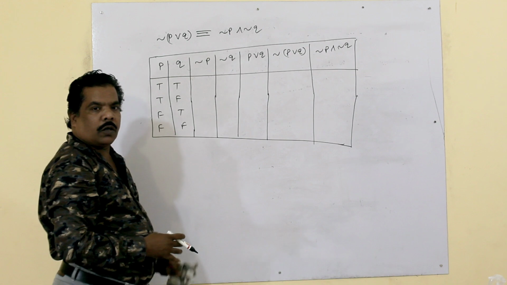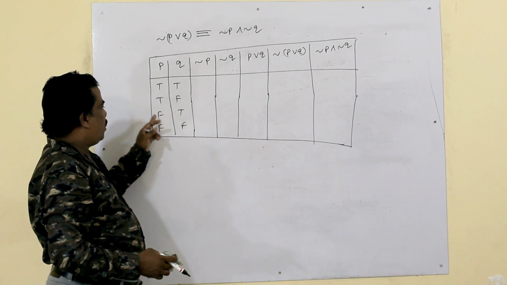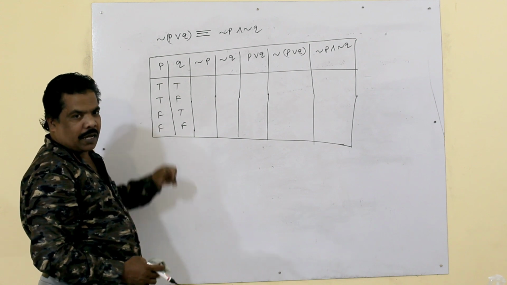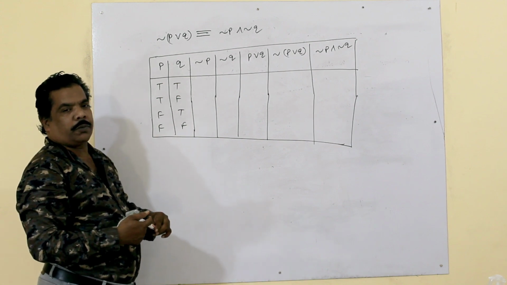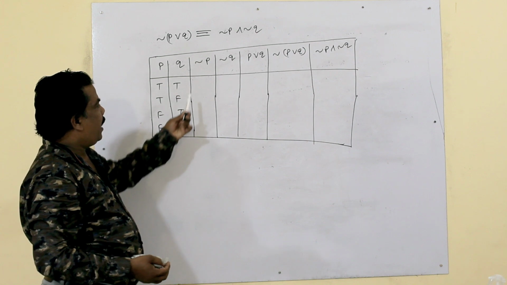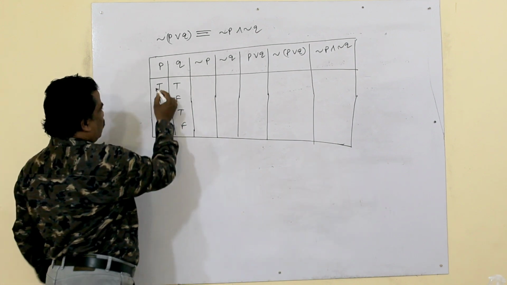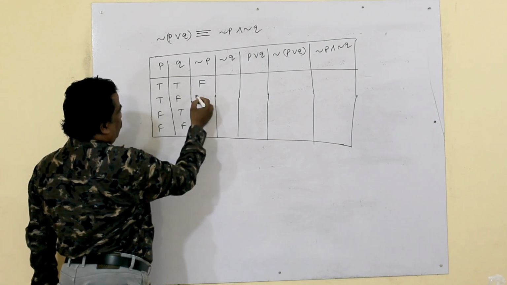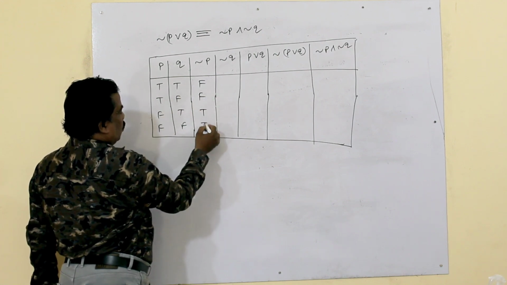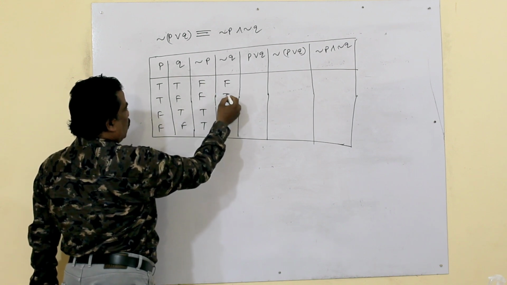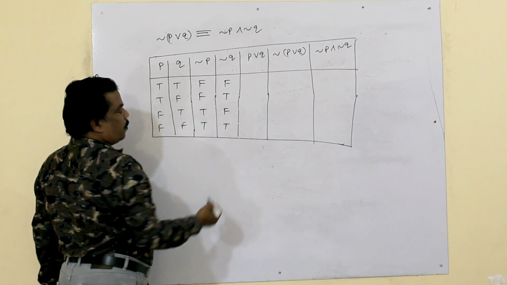Both are true, or one is true and the other is false, or first is false and second is true, or both are false. These are the options of the two statements. And negation takes its opposite truth value. If it is true, negation is false, false, true, true. Negation Q, true means false, true, false, true.